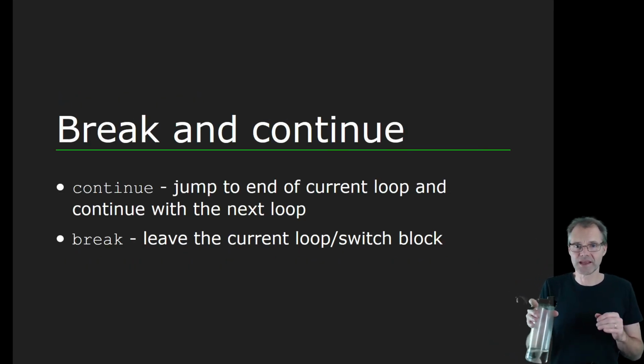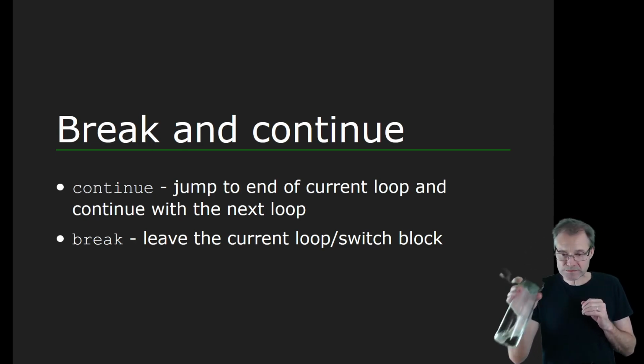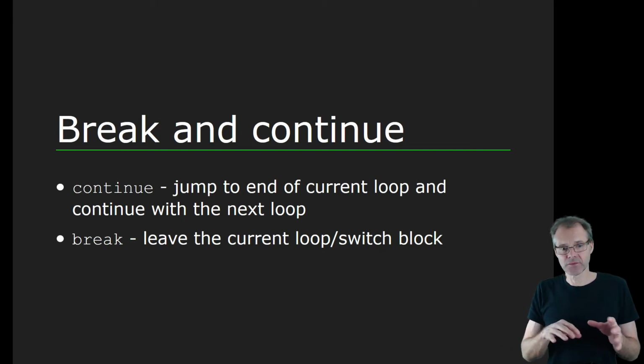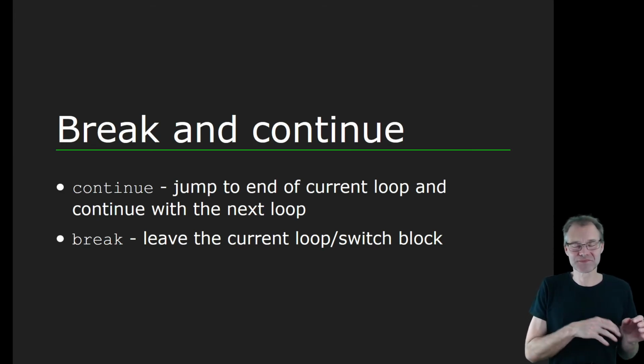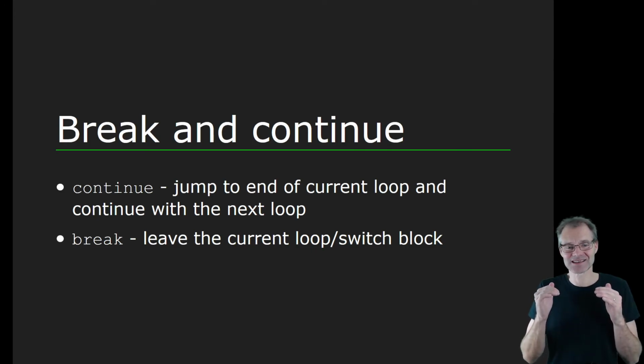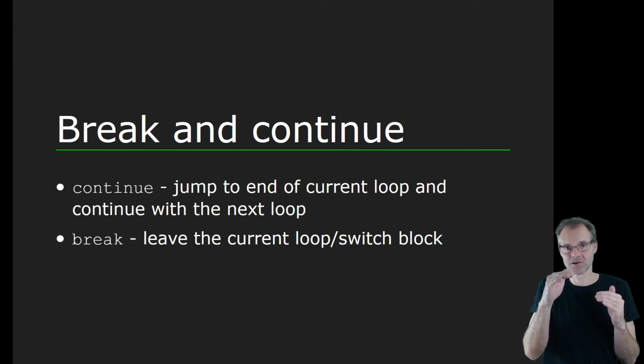Then we have this break and continue. We talked a bit about break. When we enter a break, we are leaving the current loop or the switch block. We jump out from there. We say done, enough, break out from this. Continue works in a similar way, but it is like move to the end of this loop construct and do the next loop round.